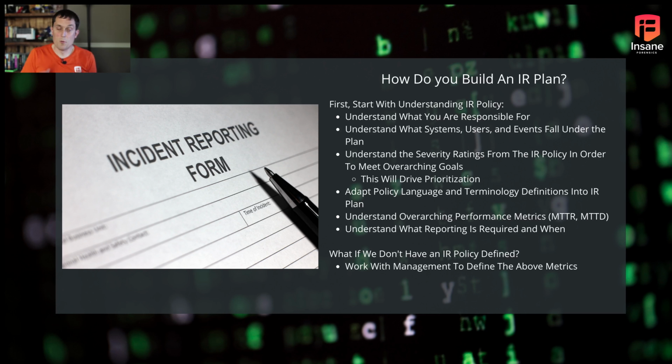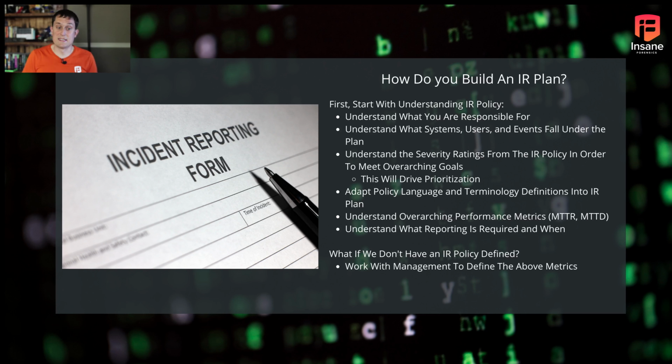That is something you need to know about when you're putting together your incident response plan. Next is policy language and terminology. Businesses often have different language and different terms. Maybe it's industry specific, maybe it's specific to your organization. Understanding the language and terminology is going to help the adoption of your plan, and it's also going to make sure that when you do respond, you're speaking the same language.